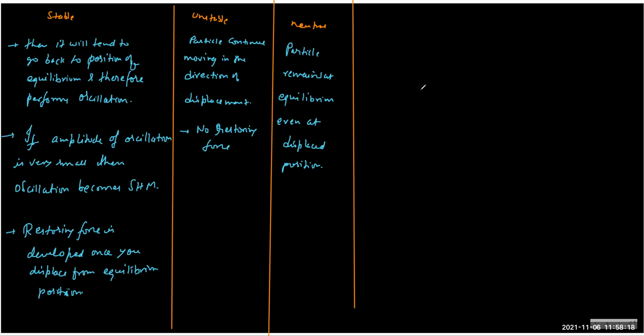So no matter where you keep it, it will be at the equilibrium position. So that's the idea of neutral equilibrium. So I have given you the mathematical way of looking at it.